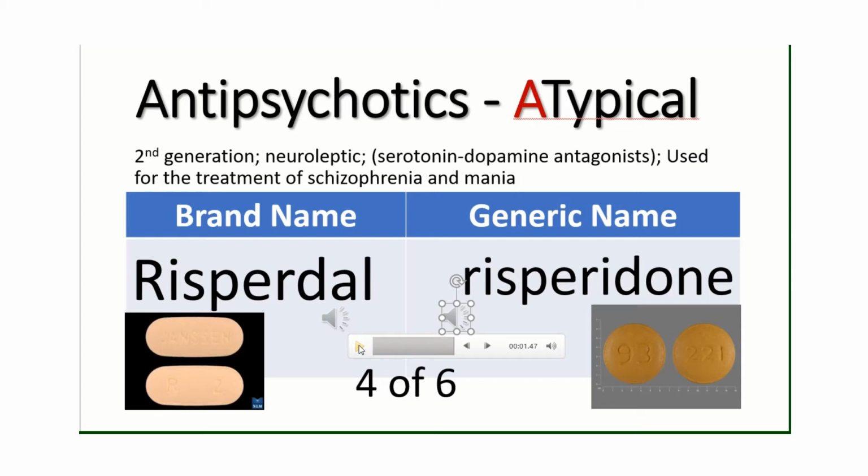Risperdal and risperidone are atypical second-generation antipsychotics. Risperdal and risperidone treat schizophrenia and mania. They are serotonin dopamine antagonists.